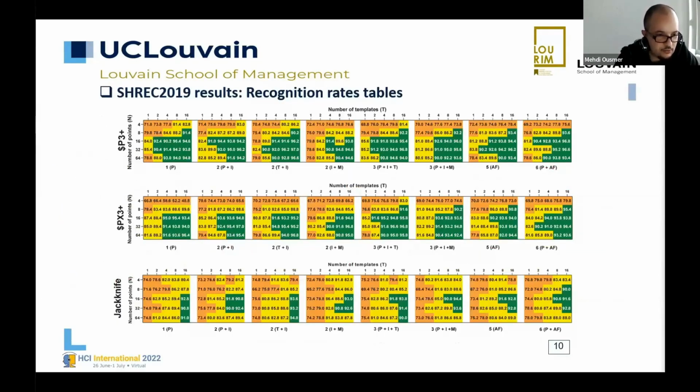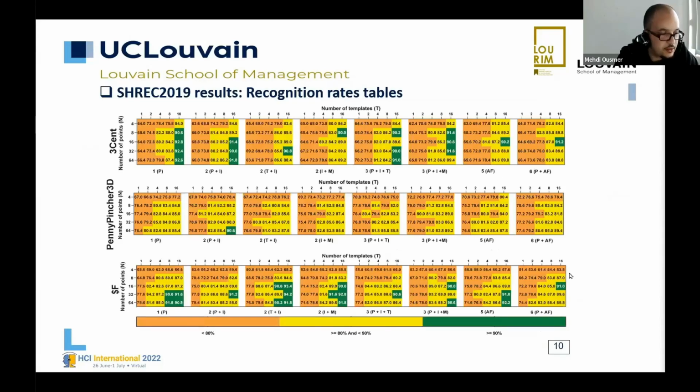In this slide, we present the recognition rate results as a table or a heat map with a color scheme where the green cells represent a recognition rate greater than or equal to 90%, the yellow ones are between 80% and 90%, and the orange ones are under 80%.